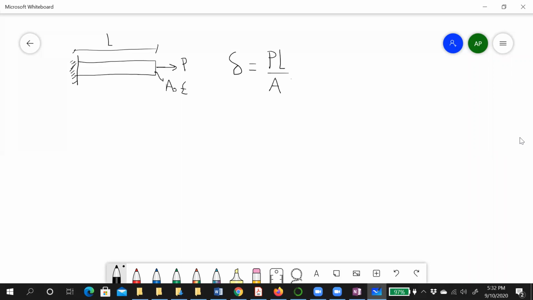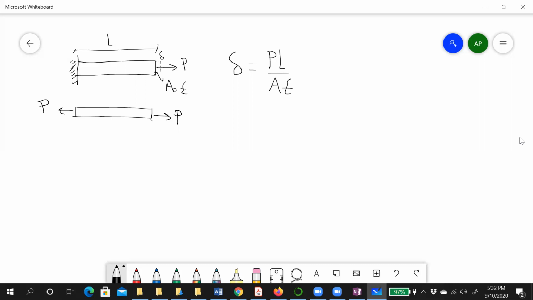How can we find the elongation? If this is the elongation, the bar would be something like that. In the free body diagram, you have P and this reaction P. And then we find delta.